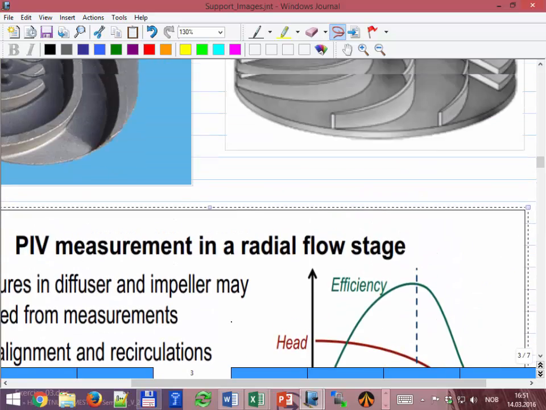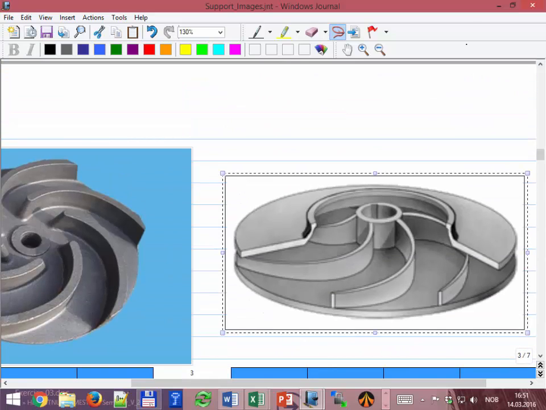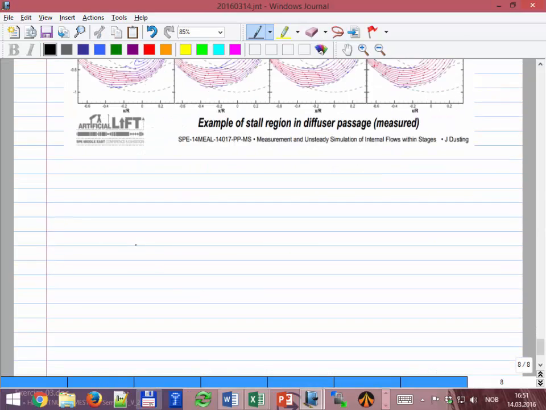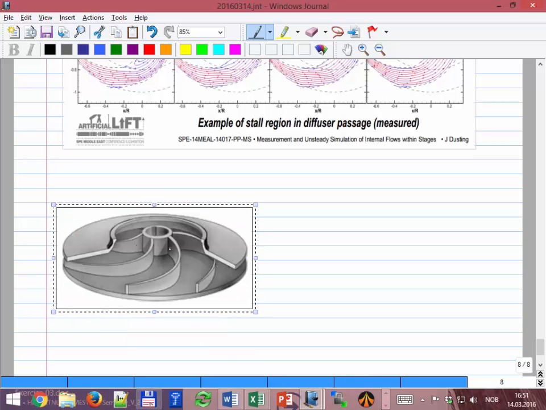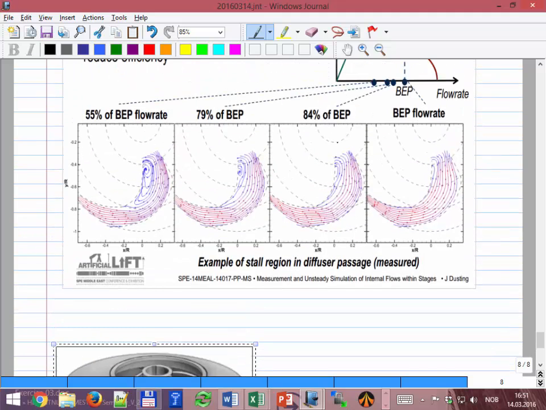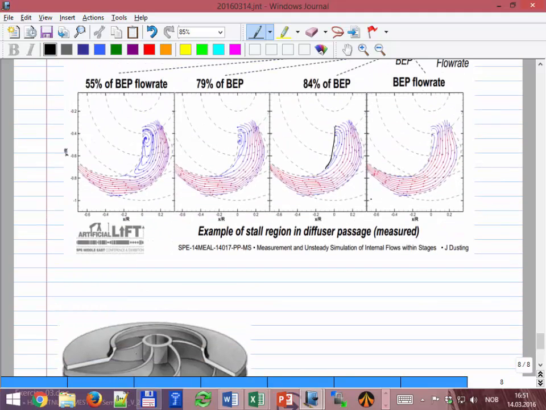These veins are the passages, if you see them from the top. And the way they are, the angle that they have, if the fluid comes exactly at this angle, then it's going to flow smoothly between these channels.